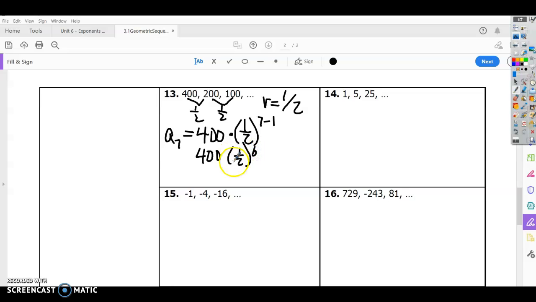Again, you always do parentheses and exponents first and then multiply. So do 1/2 raised to the 6th power times 400, and you're going to get 6.25. So that means if you continue this sequence, your 7th term would be 6.25.